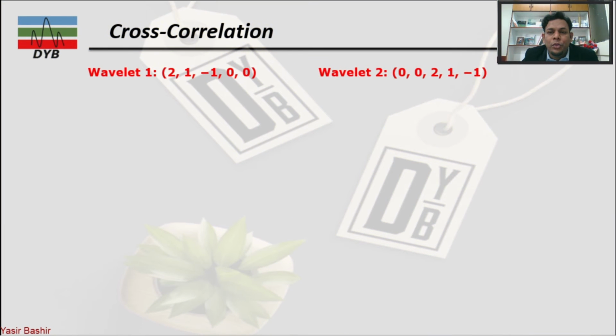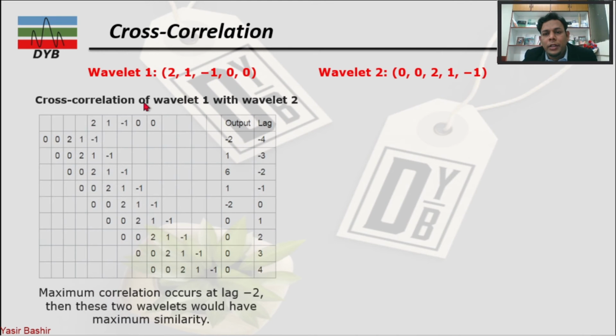So let's say we have two traces or two wavelets. Wavelet 1 is 2, 1, minus 1, 0, 1, and wavelet 2 is 0, 0, 2, 1, minus 1. Actually these are similar, but you see there is a lag of 2. Once we correlate wavelet 1 with wavelet 2, wavelet 1 comes on the top and wavelet 2 at the bottom. The correlation method is slightly different from the convolution method, and I will explain that.